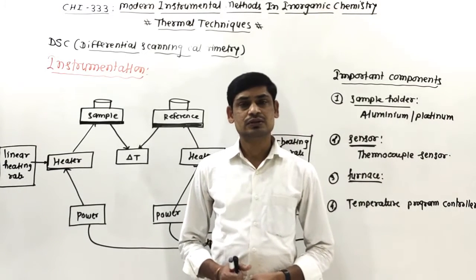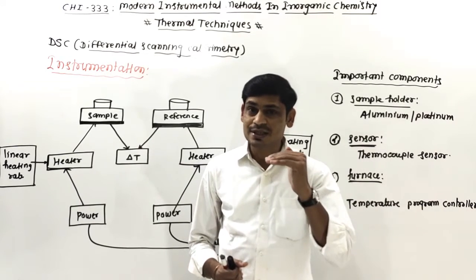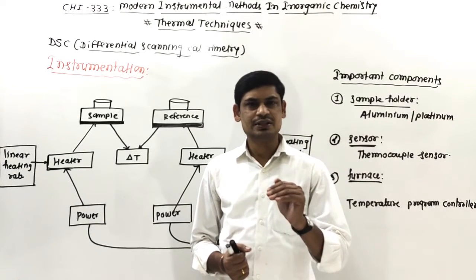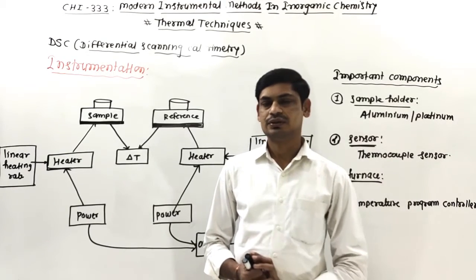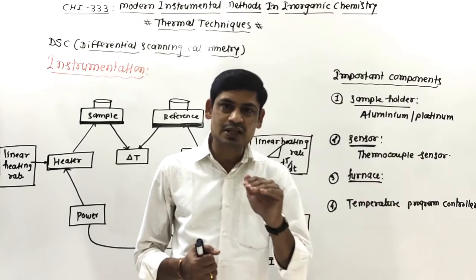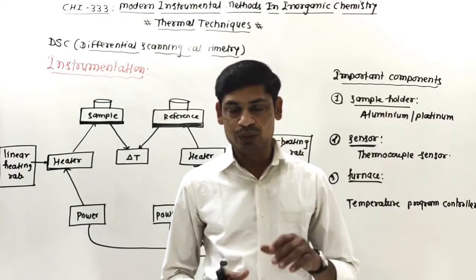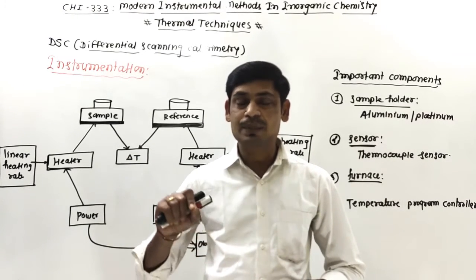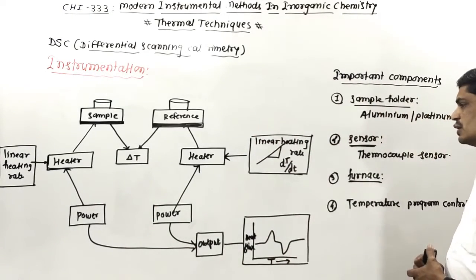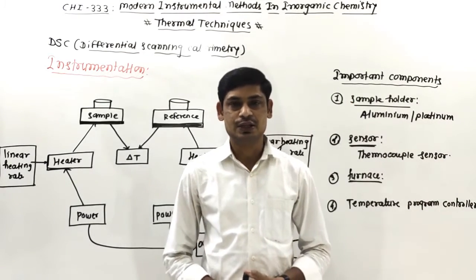In case of power compensation, the constant temperature is provided. So the role of a controller is to provide constant and uniform temperature. In heat flux DSC, temperature is increased linearly. So in this case, the role of a temperature controller is to provide linear, rising temperature to the corresponding furnace. So student, it was an account about the instrumentation of a differential scanning calorimetry.